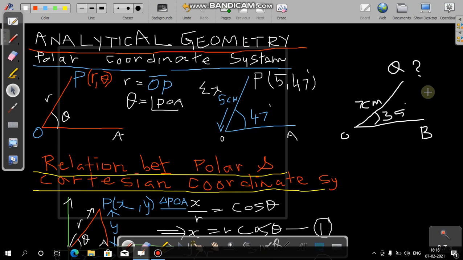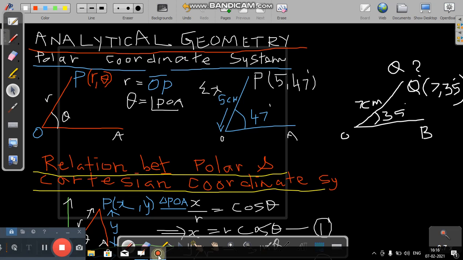Q is equal to, first the distance we write, 7, comma, the angle 35 degree. So the point Q is equal to 7 comma 35 degree. Representing the point on the basis of the distance and the angle is called polar coordinate system.